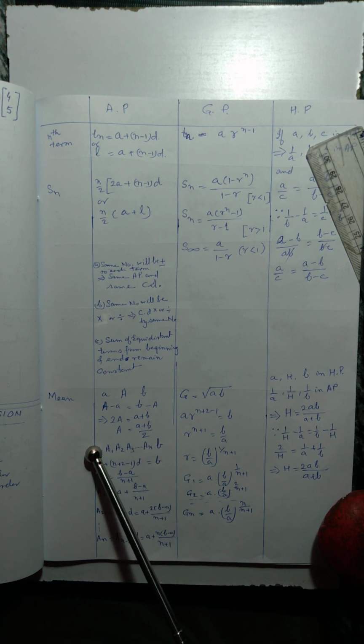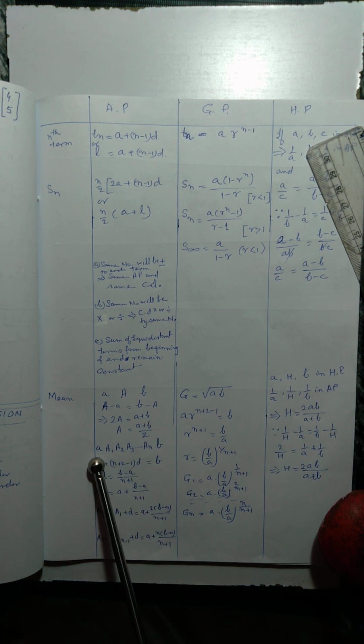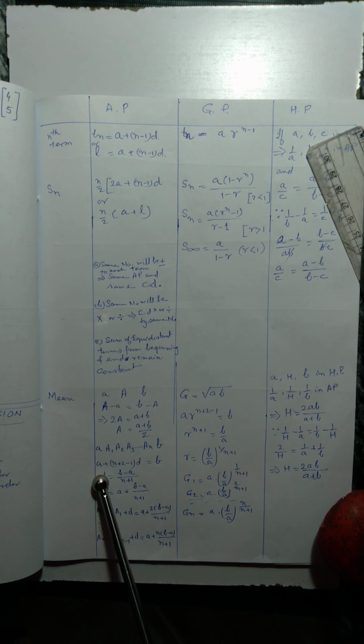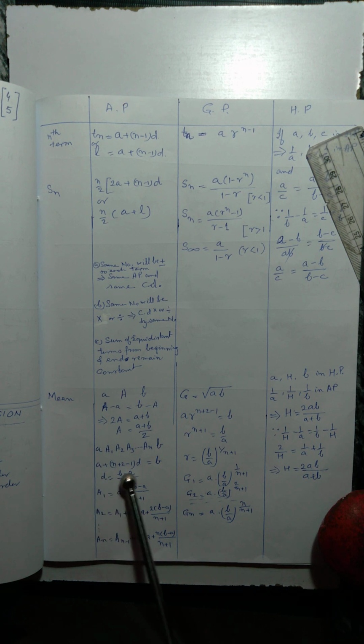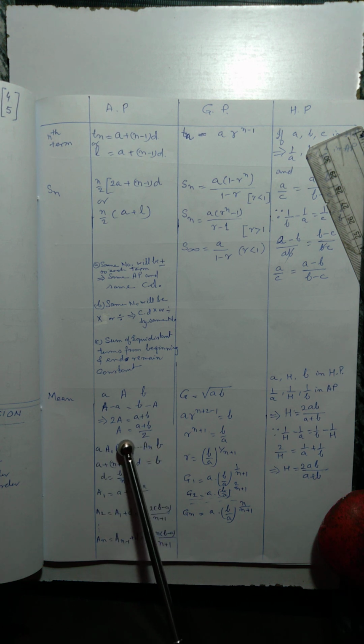Suppose you have to insert n arithmetic means in between small a and small b. At that time, you see how many terms there are. A1, A2, A3 up to An, these are the n terms.